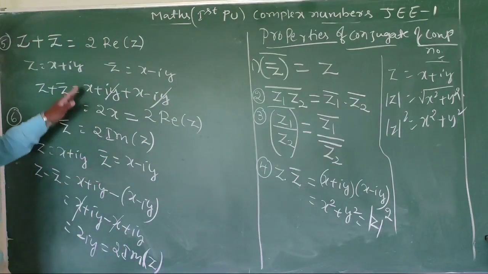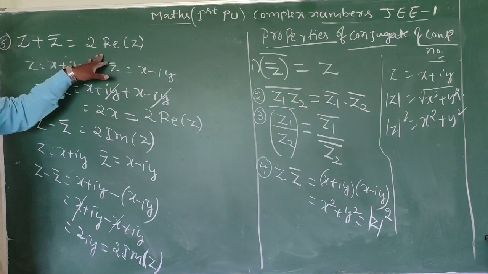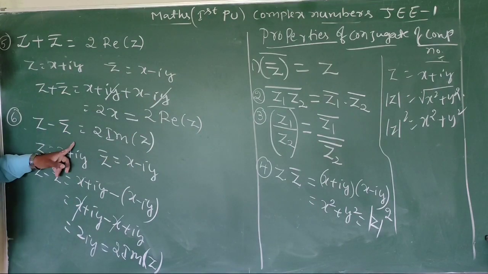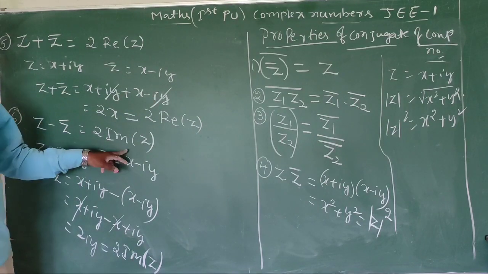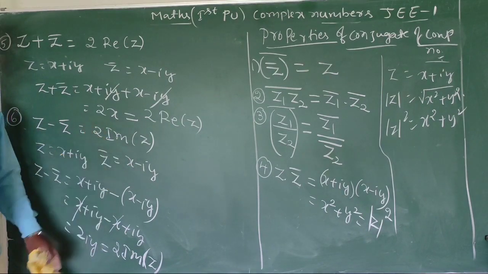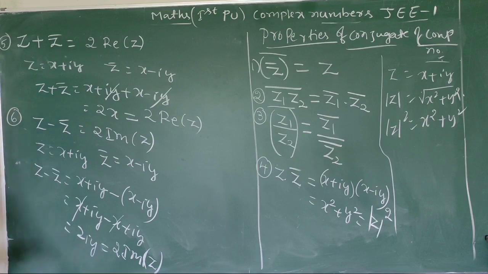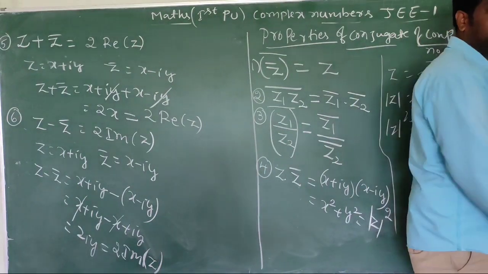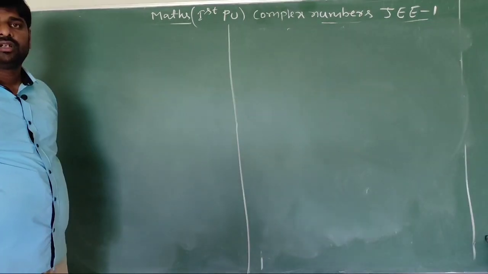Next, z plus z bar equals 2 times the real part of z. z minus z bar equals 2 times the imaginary part of z. So these are the properties of the conjugate of a complex number.